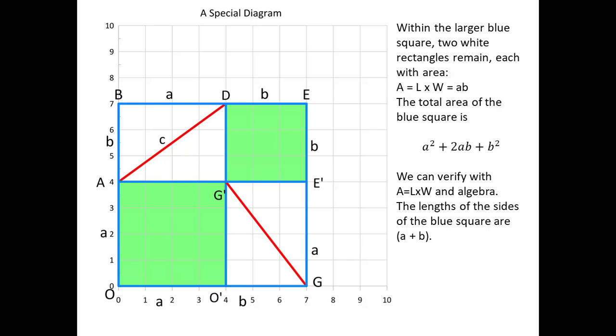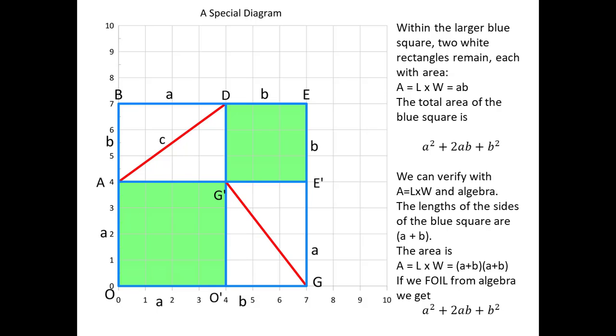If we square that using the area formula, we have a plus b times a plus b. We use FOIL from algebra, first, outer, inner, last, the multiplication procedure for multiplying two items in parentheses, and we get a squared plus 2ab plus b squared.